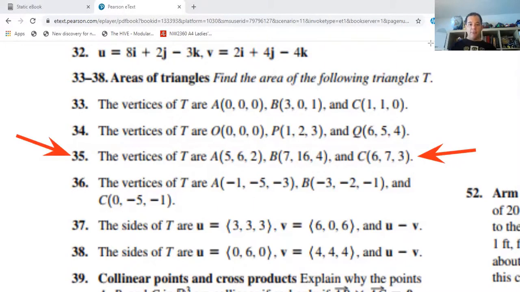Are we looking for AB and AC? Yeah, so that's the thing, right? That's the point that I was trying to make the other time. So you get to decide where you want to do the vectors, right? If you want to use the cross product, you can pick the vector AB and AC, or you can do the vector BA and BC, or you can do the vector CA and CB, and all of them are going to work, okay?